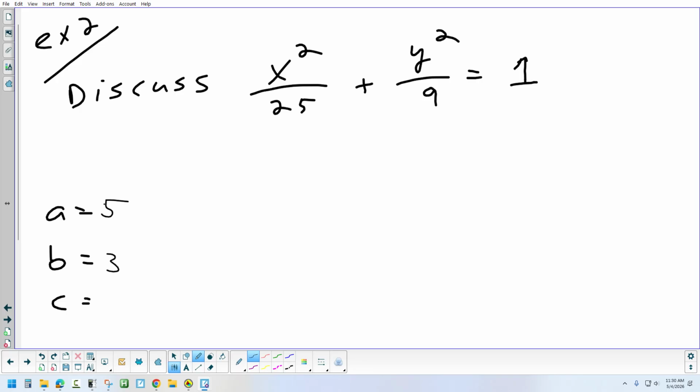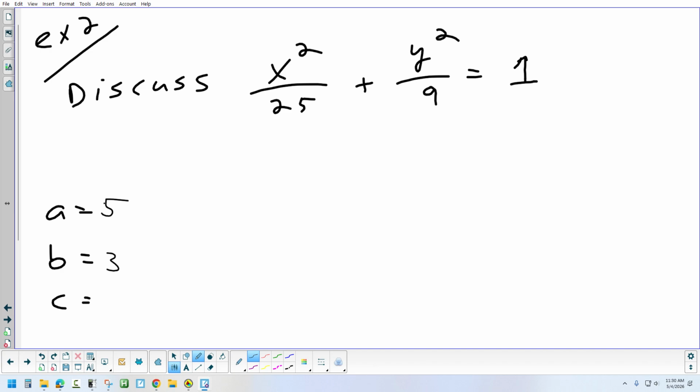Now, we can describe some things with A and B. Like I can do the vertices, but I can't do the foci unless I solve for C. What's the formula that we use to solve for C? Yes.